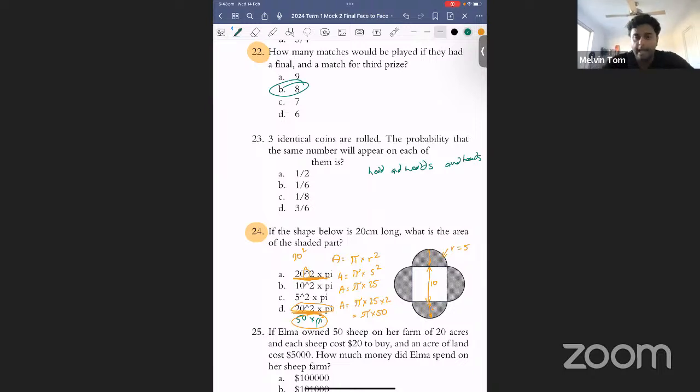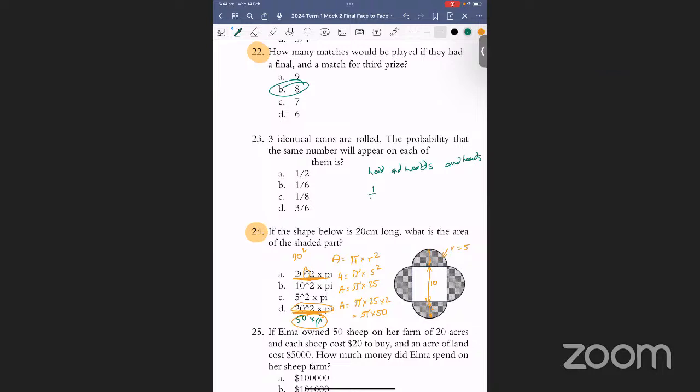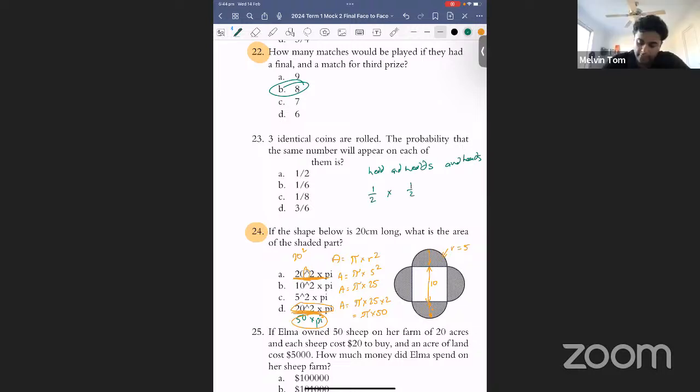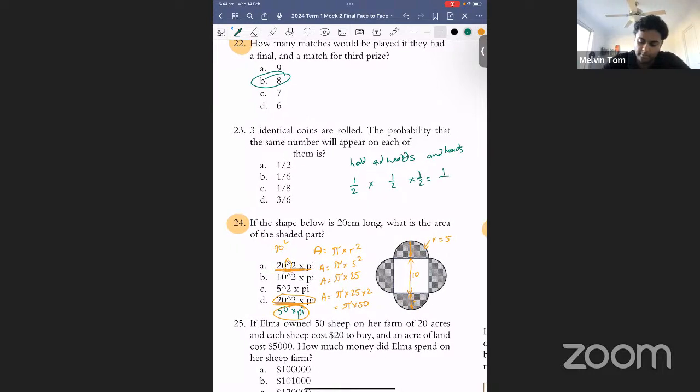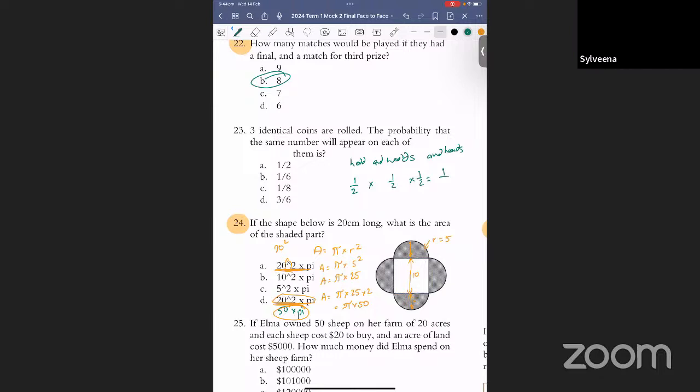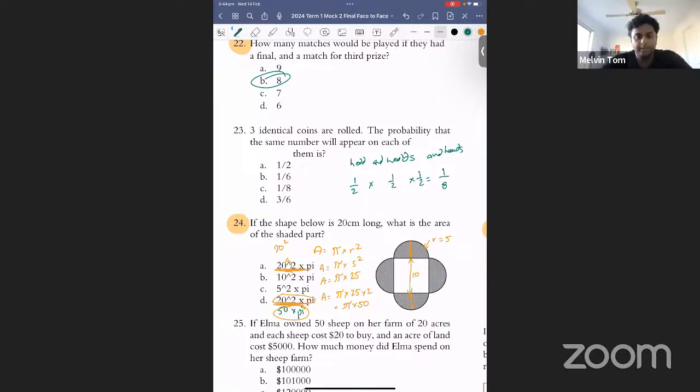And it has to get smaller because the probability of getting the same thing again and again is very low, right? Yes. So it's 1/2 multiplied by 1/2 multiplied by 1/2, and that is equal to 1/8. Do you understand?